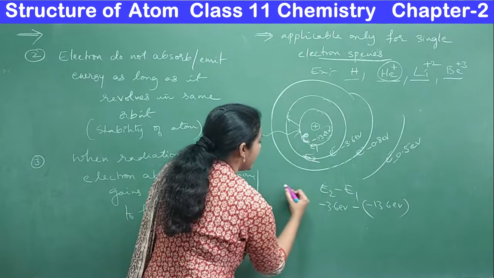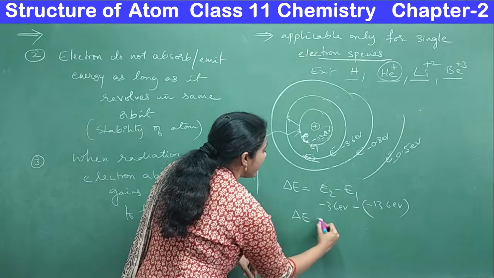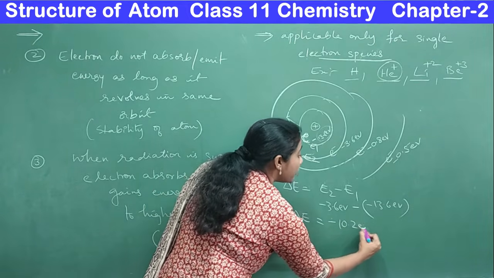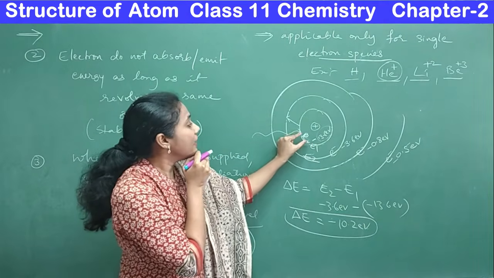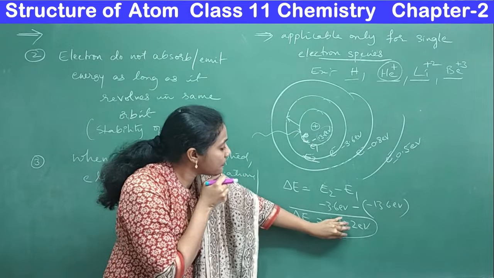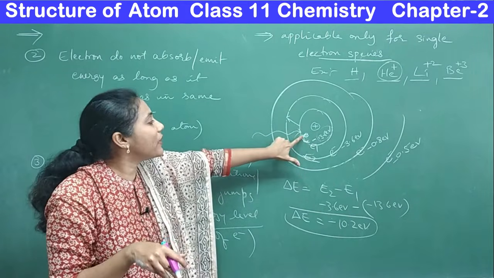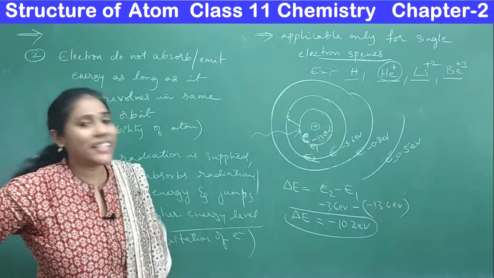Calculating the energy difference, delta E is equal to 10.2 electron volt. So whenever the electron gets this much energy from outside, only then can it jump from the first energy level to the second energy level. This is really very important.